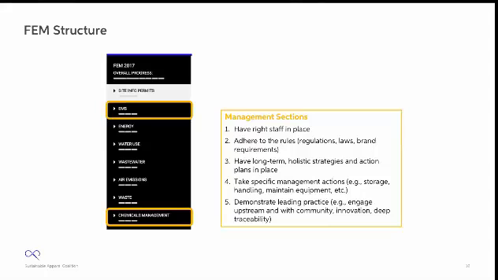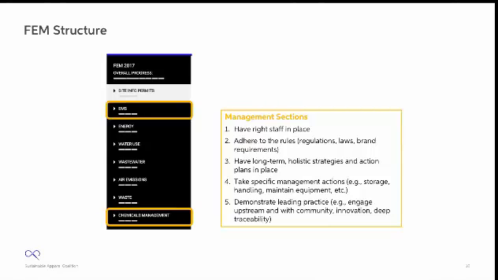And then the last type of section in the facility environmental module are management sections. So environmental management systems and the chemicals management section are really about your internal management practices and policies on how you are managing these issues. Do you have the right staff in place that are focused on these issues?